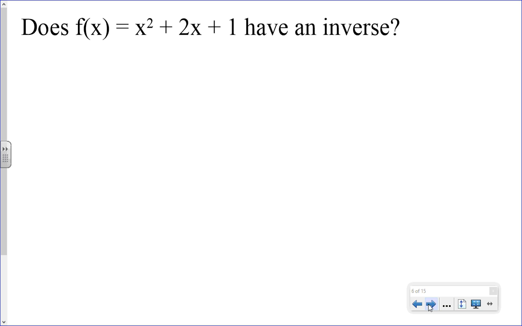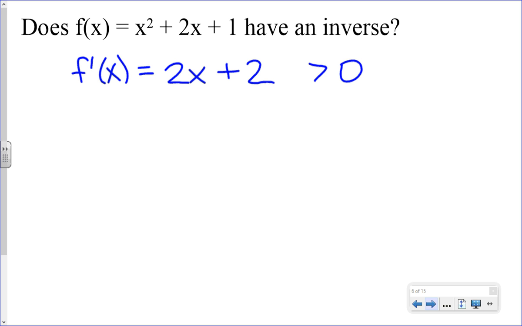Okay. We could graph this. But let's just look at the calculus aspect of it. Our derivative. Caroline, what is it? 2x plus 2. Okay. 2x plus 2. Is it always greater than 0?